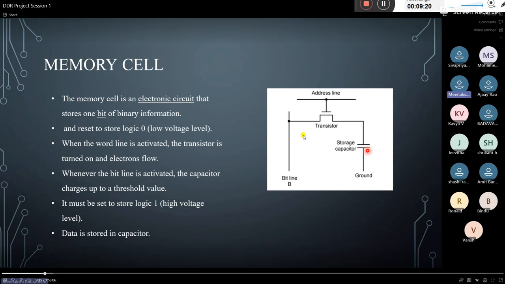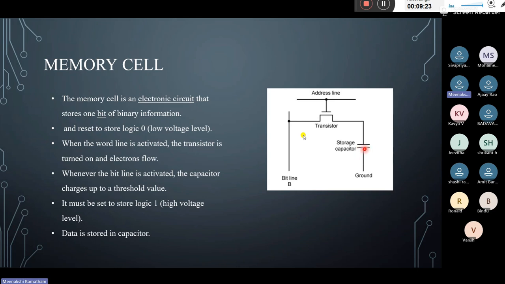To avoid discharging, since we have to protect the data we previously stored, the refresh operation comes into the picture.